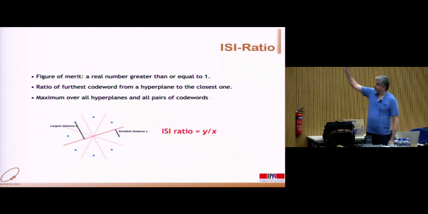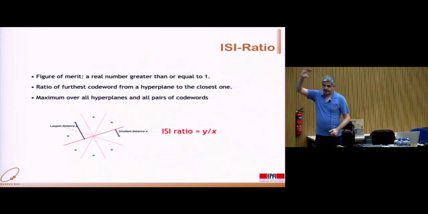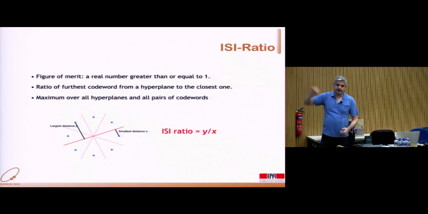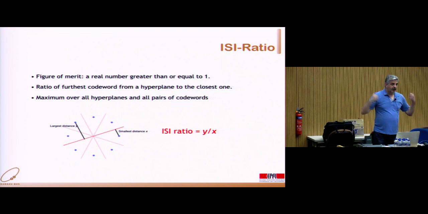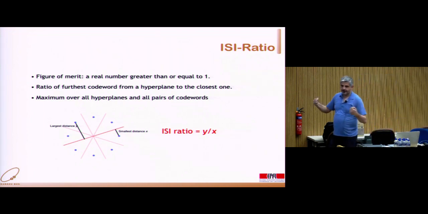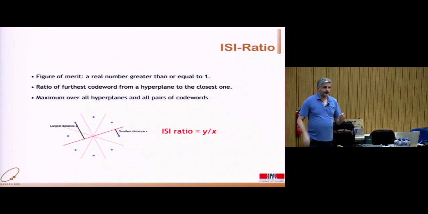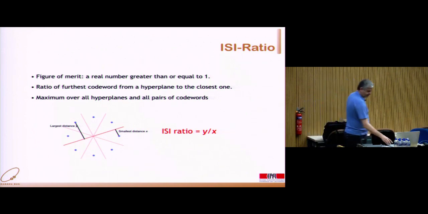The distance of the furthest point, divided by the distance of the closest point, is called the ISI-Ratio of that comparator. The larger this ISI-Ratio is, the worse this comparator performs, because there is some point that's very far and some point that is very close, and that point that's very far pushes the point that's very close over the comparator.